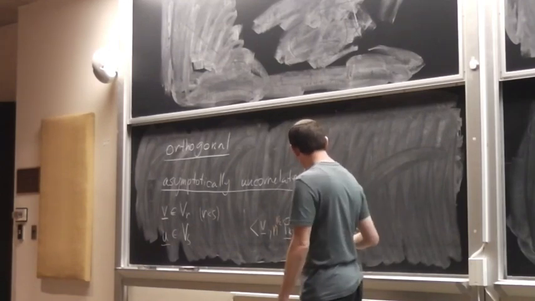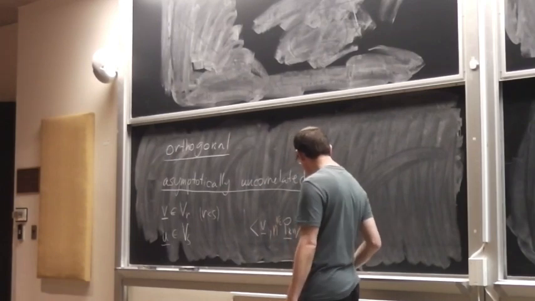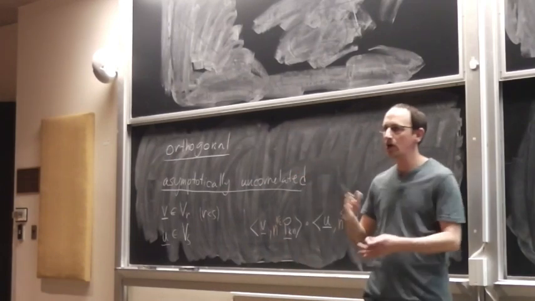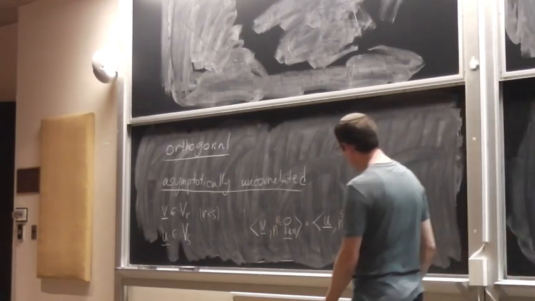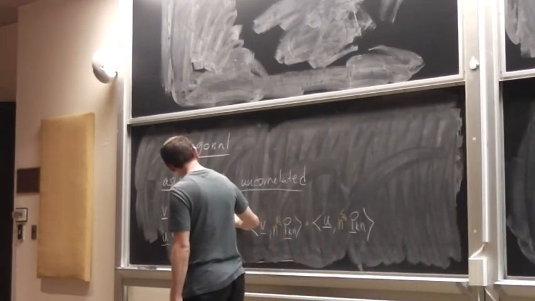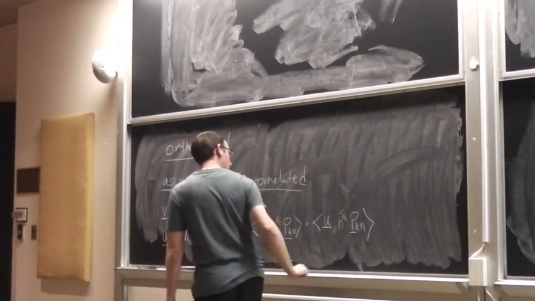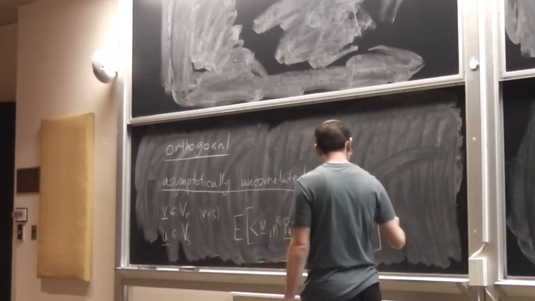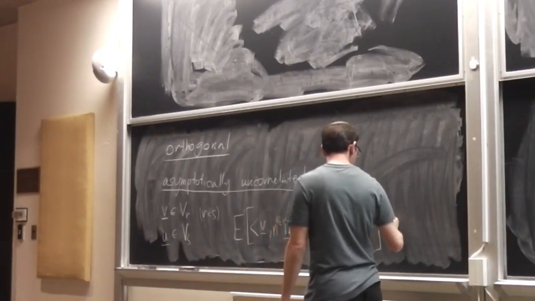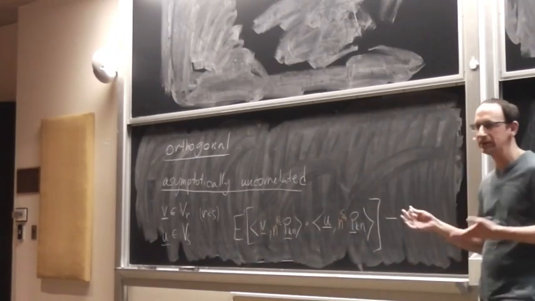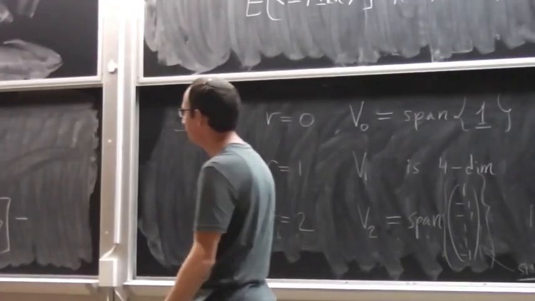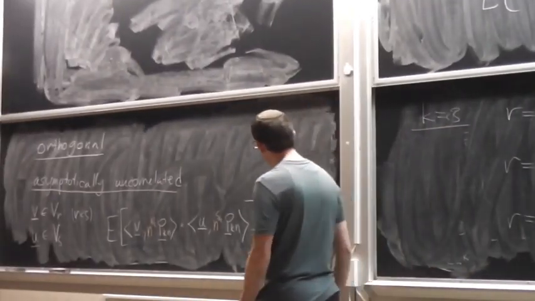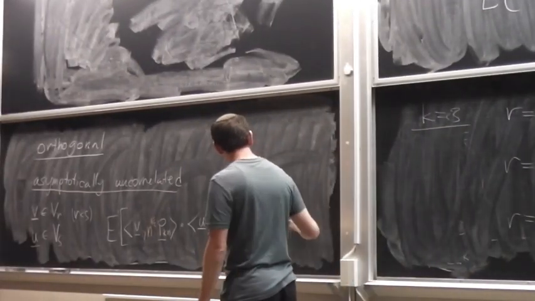Okay, so now we have these two random variables, and we want to know if they are correlated or not. So we take the covariance, which is the expected value of the product. Now this is some number. It depends, of course, on the choice of v and u, and it depends on n. In general, it's not 0.